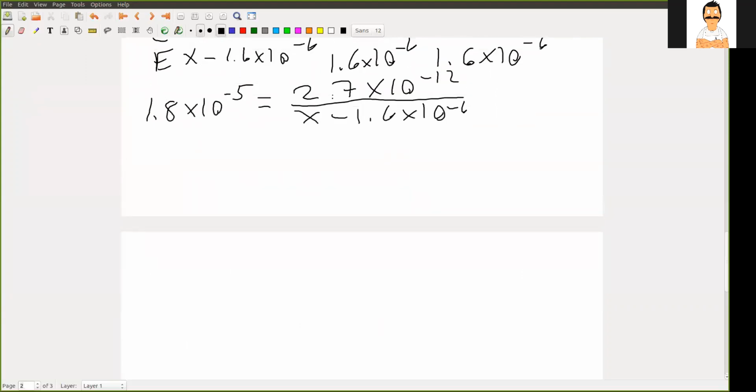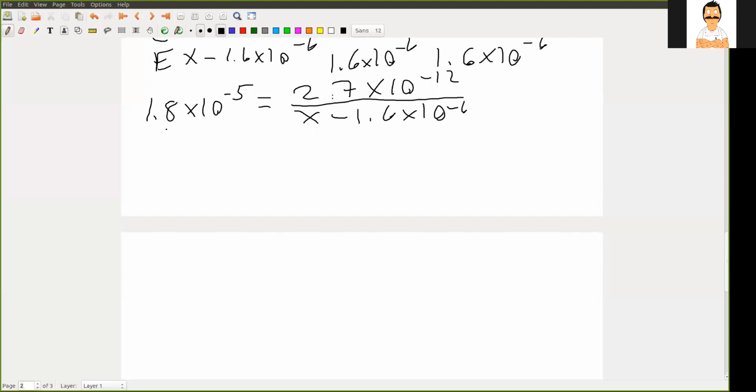From there, you would multiply both sides by X minus 1.6 times 10 to the minus 6. And you would isolate X by distributing 1.8 times 10 to the minus 5 to X and negative 1.6 times 10 to the minus 6. And that would be equal to 2.7 times 10 to the minus 12.